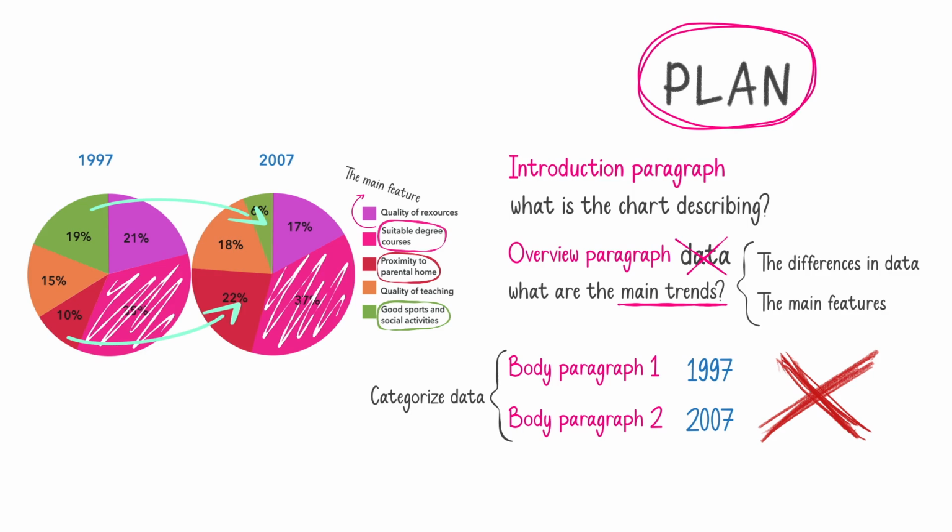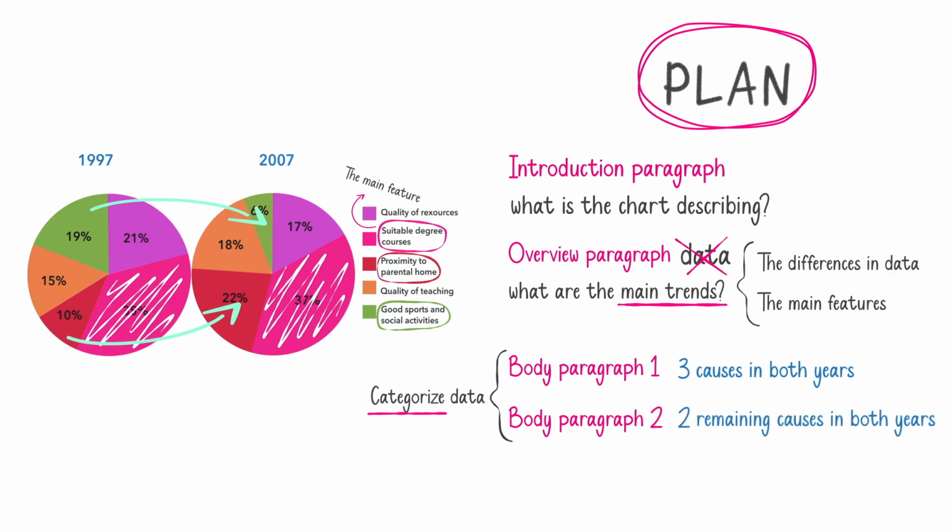You have to analyze it based on good categorization, all right? So categorizing the data here is very important. Or sometimes students, for example, analyze 3 of the reasons in one paragraph in both years and the 2 remaining in the second paragraph. Now, what I'm going to do is, in the first body paragraph, I'm going to describe the biggest changes, all right?